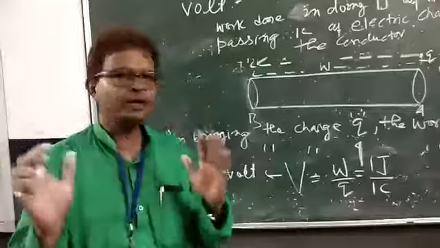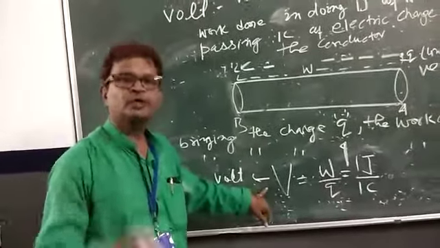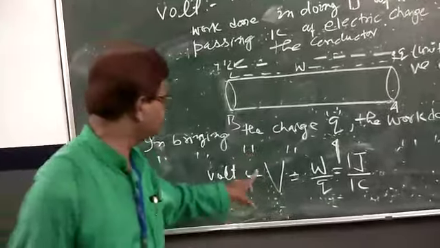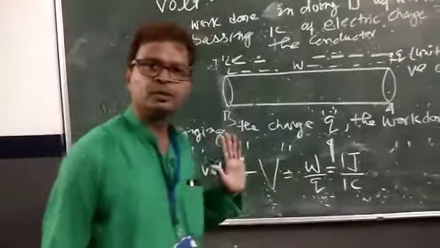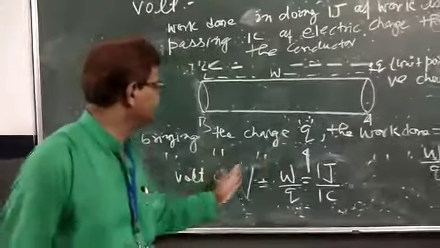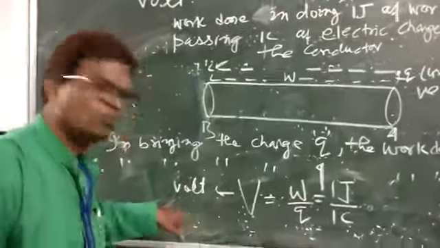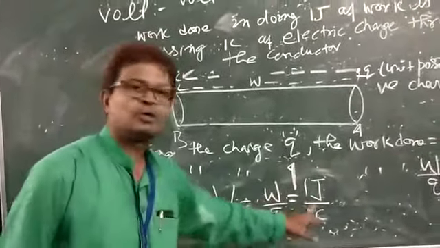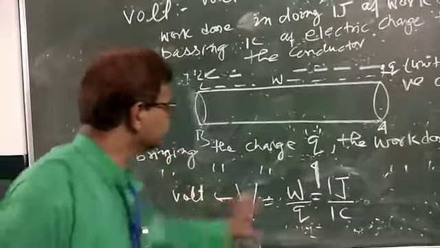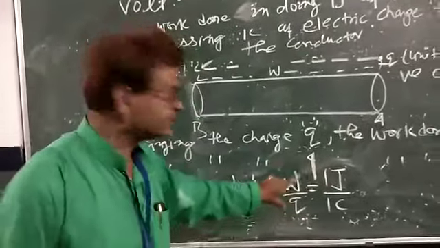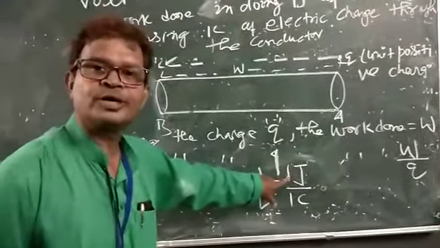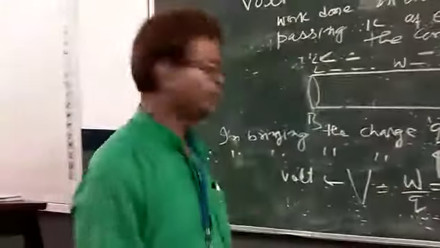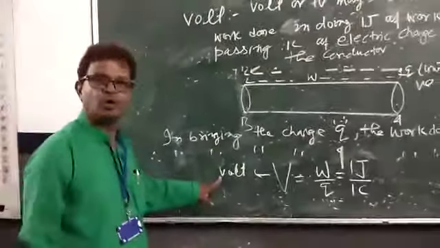If you want to define potential difference, you must write the formula of potential difference, like V is equal to W by Q. If you have written V is equal to W by Q, V is volt, W is 1 joule, Q is 1 coulomb, and by considering this expression you can see: if 1 joule of work is done in passing 1 coulomb of electric charge through the conductor, it is said to be 1 volt.